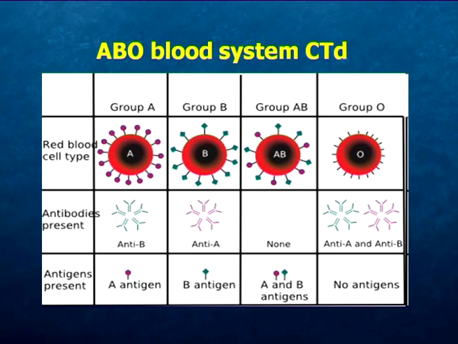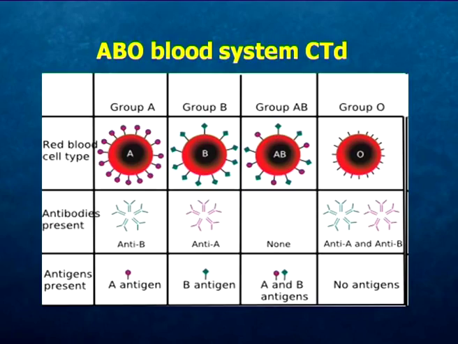Then AB, both antigens you find on the RBC. There is a difference in the shape of those antigens too. When both antigens are present on the RBC, can you expect the respective antibodies to be present?